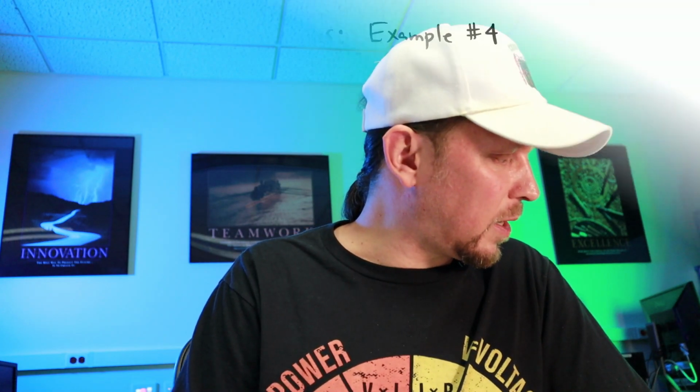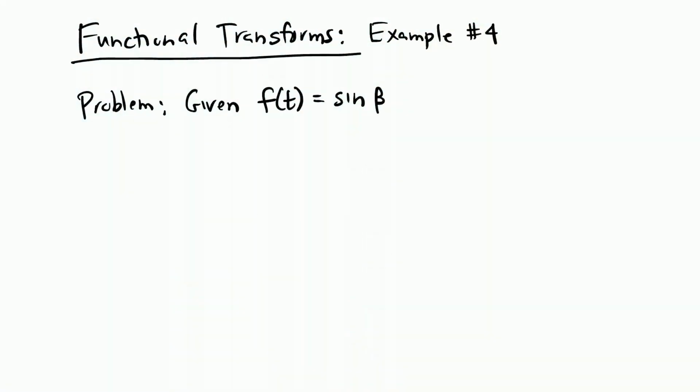And this is example number 4, right? And the problem statement is: given f of t is equal to sine of, let's say, omega t.